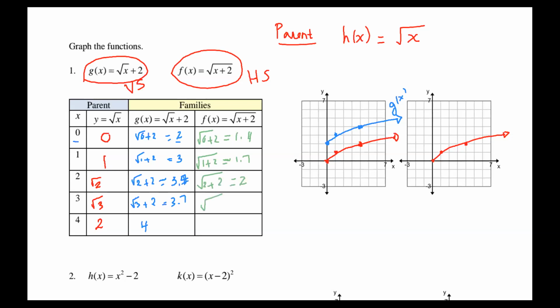Square root of 5 is 2.2. And the last one, square root of 6, is going to be 2.4. So the points are 0, 1.4, and then it's going to be somewhere here. And then 1, 1.7 will be somewhere here. 2 is going to be 2.